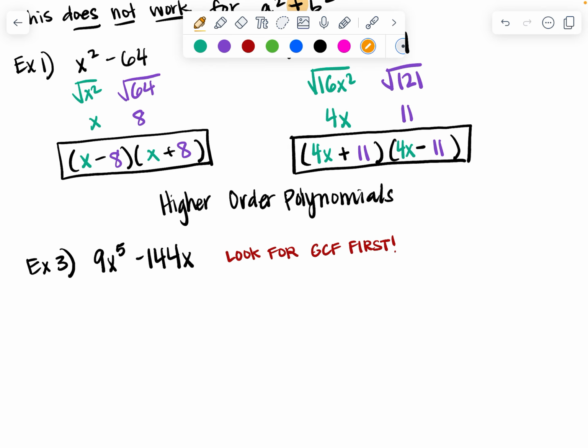And I can see that I can factor out 9x. That leaves me with x to the power of 4 minus 16.